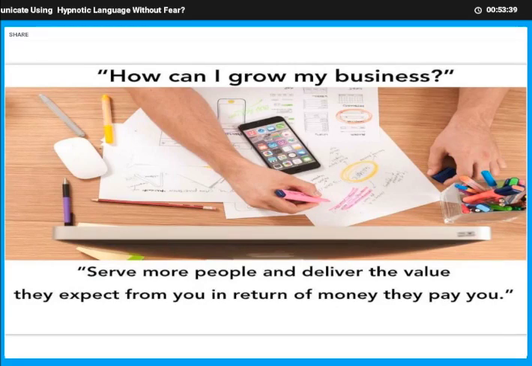And my answer is simple, which I mentioned about 5 to 10 minutes ago. People are far too afraid to take action. And the answer to the question of how can I grow my business is simple. Serve more people. Simple. Serve more people and deliver the value they expect from you in return for the money they pay you. It's that simple.